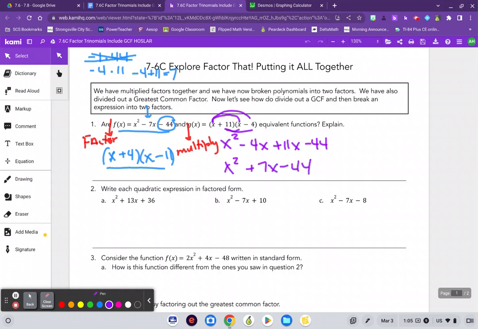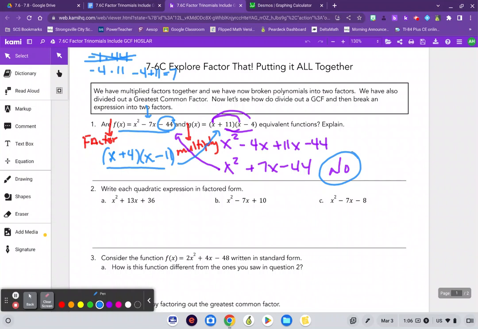Now I check: does this x squared plus 7x minus 44 match the f function? No, because that middle term was positive and the f function has a negative middle term. Or do the factors that I got for f match the factors of g? No, the factors have opposite signs. So my overall answer is no. You can use either the factoring method or the multiplication method to verify.